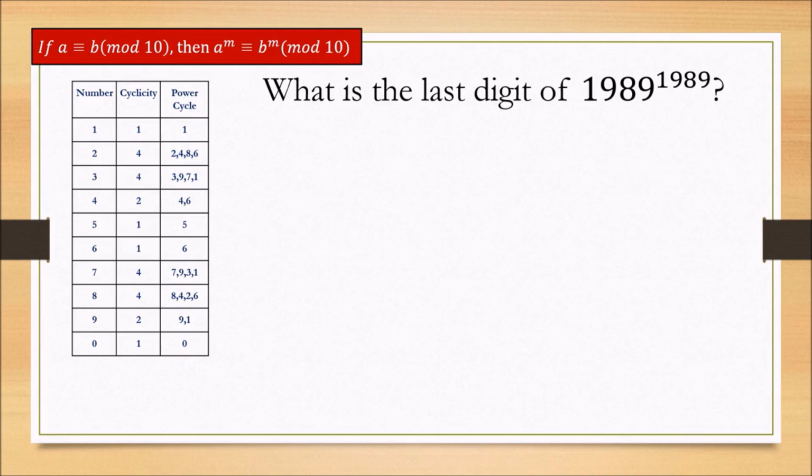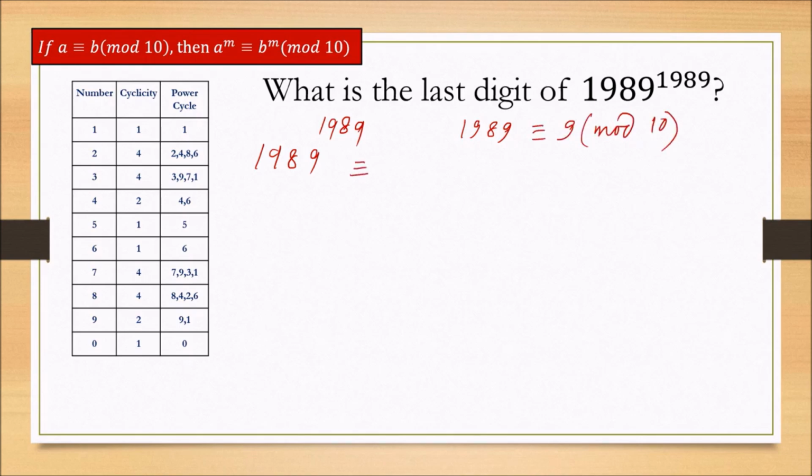Next is 1989 to the power 1989. So let us write 1989. It is congruent to 9 modulo 10. So this is congruent to 9 to the power 1989 modulo 10.